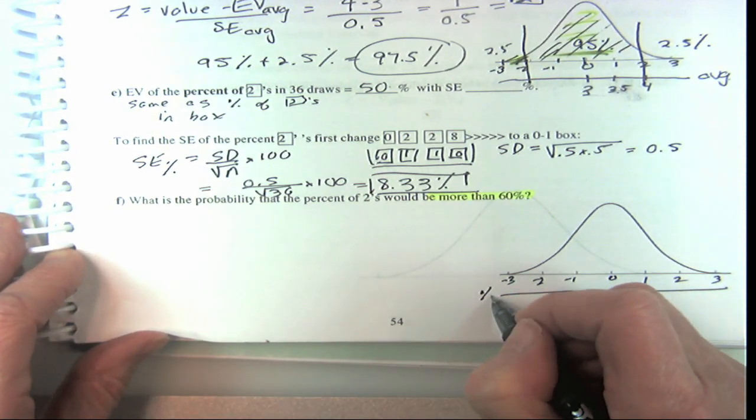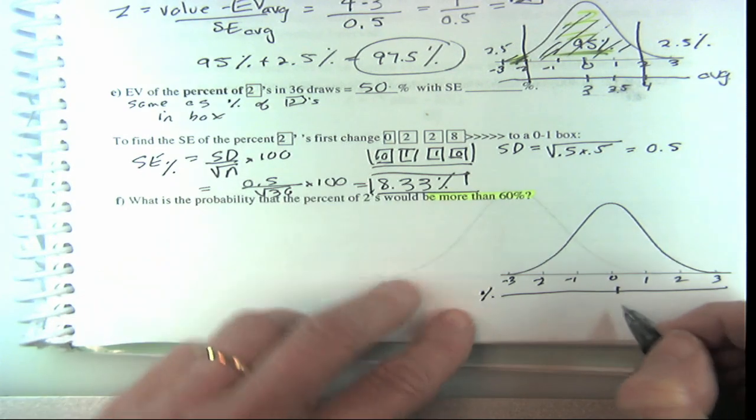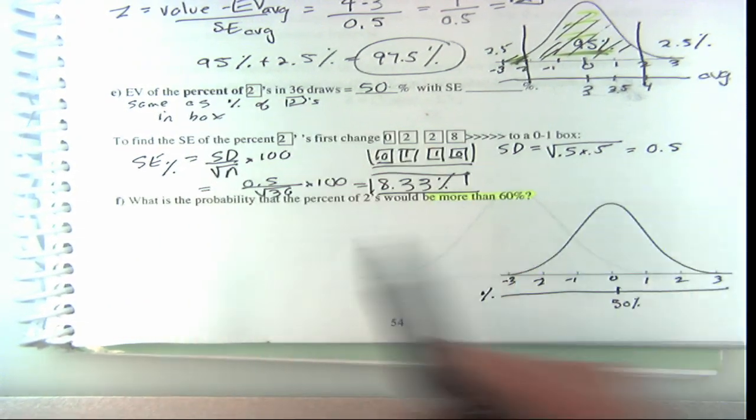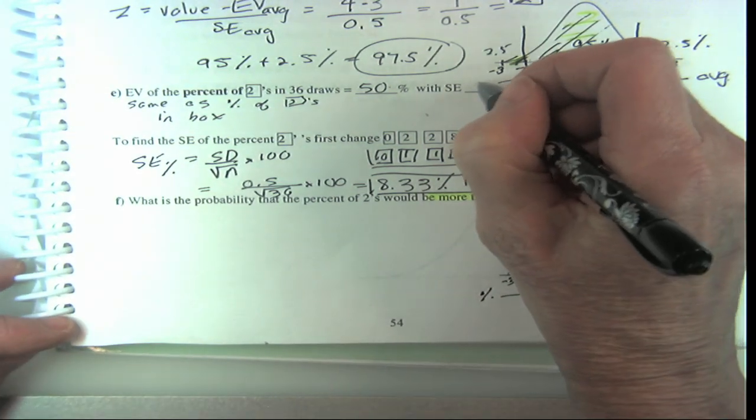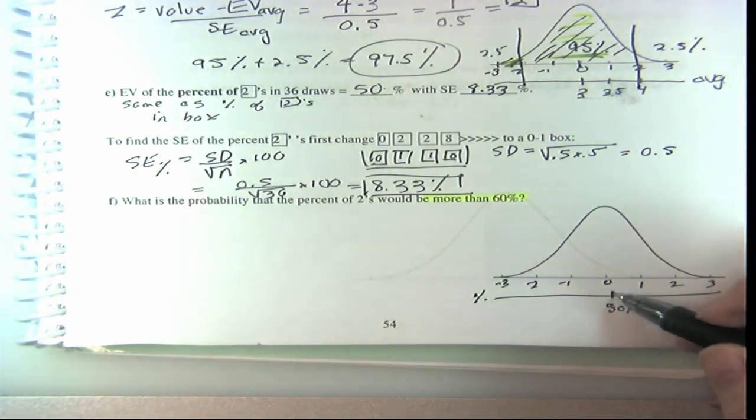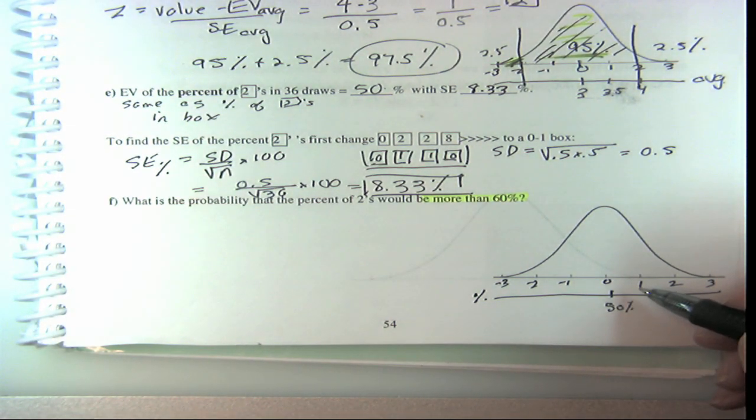Our expected value is 50, and our standard error is 8.33%. So if we went up to 58.33, adding 8.33%, that would be 1 standard error, or more than that.